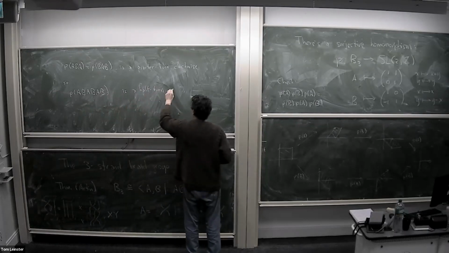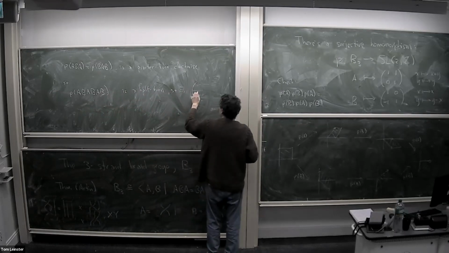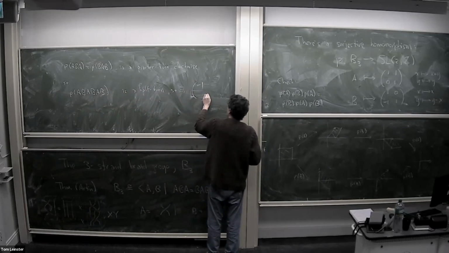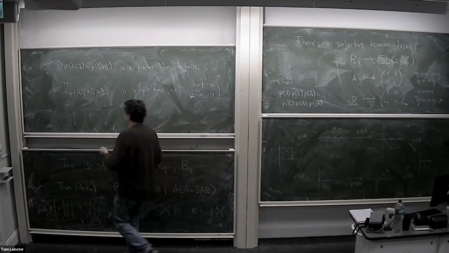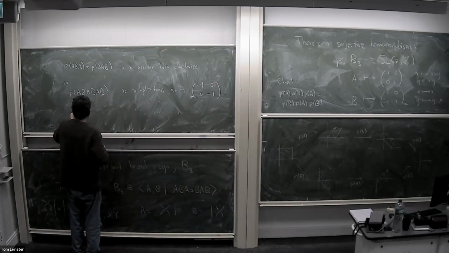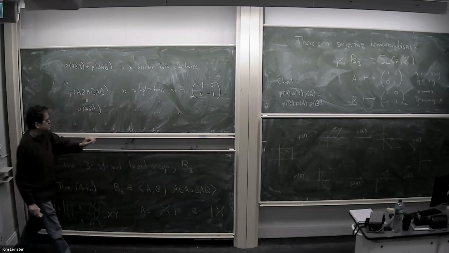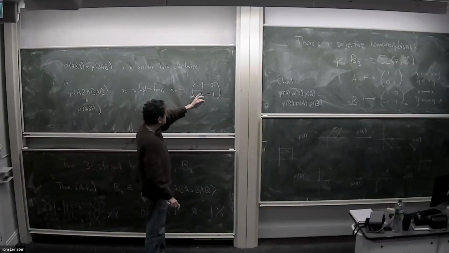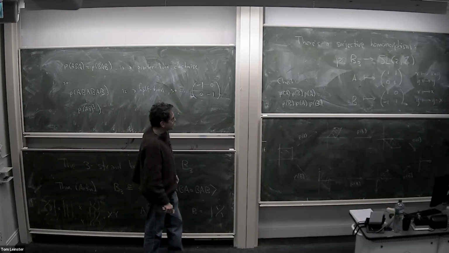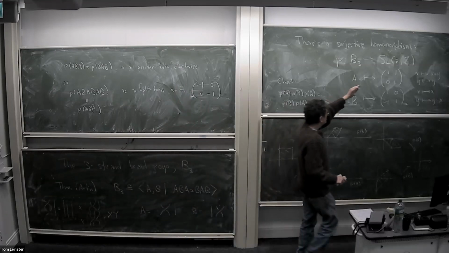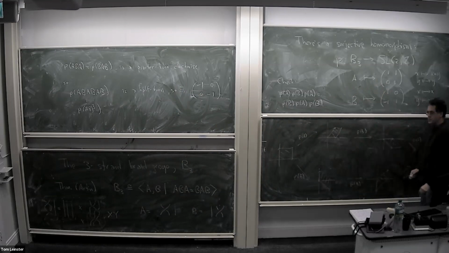And so it has to be the matrix with -1 on the diagonal and 0 elsewhere. And this is also, of course, the same thing as P of AB cubed. The reason why this is interesting, for one reason, is that this matrix -1 is in the center of SL2Z. It commutes with everything.